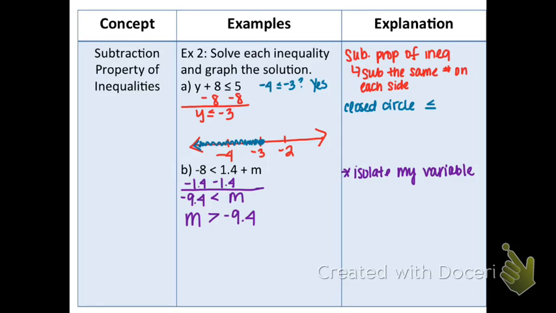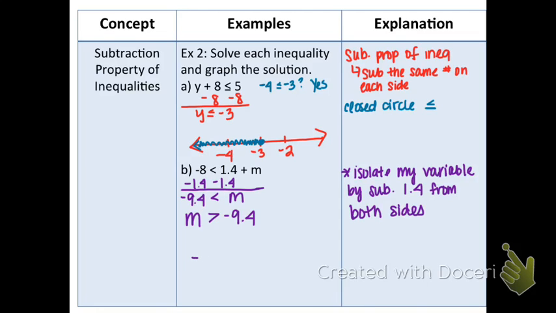So I isolated my variable by subtracting 1.4 from both sides. I'm trying to explain this in different ways, so if one way seems confusing, then maybe another way isn't as confusing. And I'm still following the same steps, even though I'm explaining it in different ways. So let's graph this.